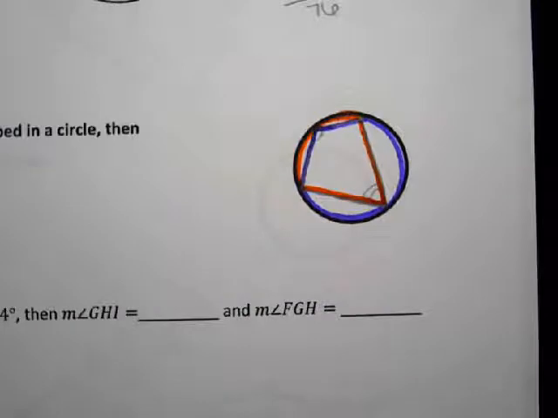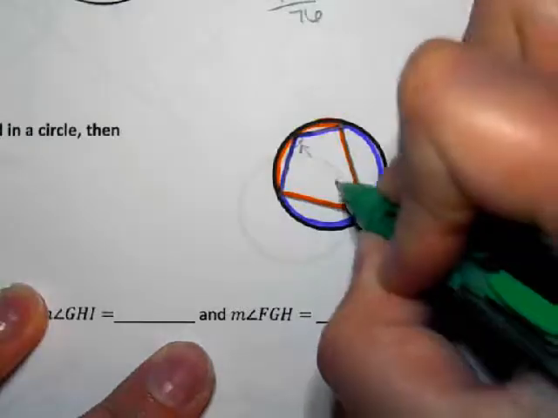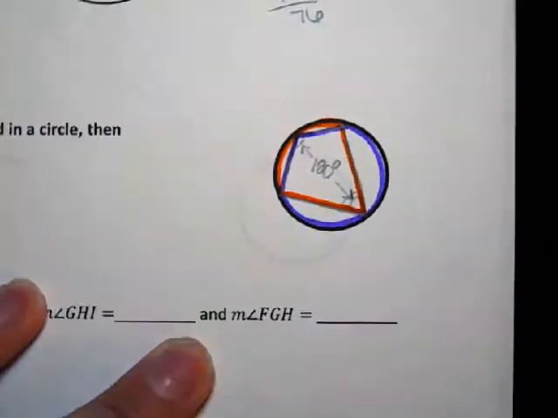Okay, so what I'm going to do in here is draw arrows on either side, and I'm going to say these two angles together are 180 degrees. Does that make sense?